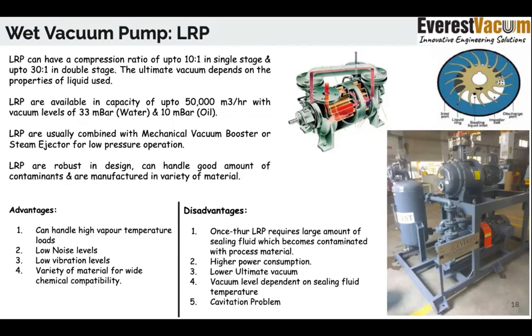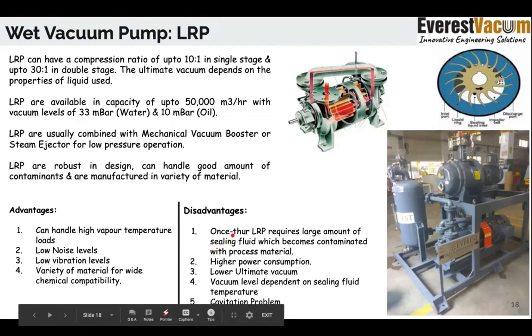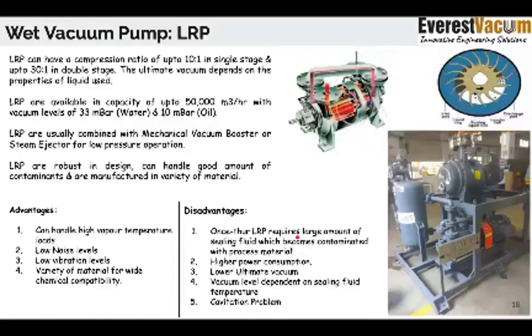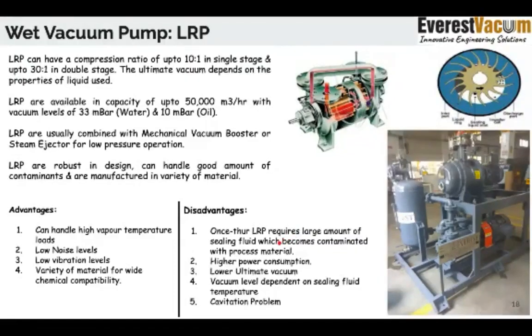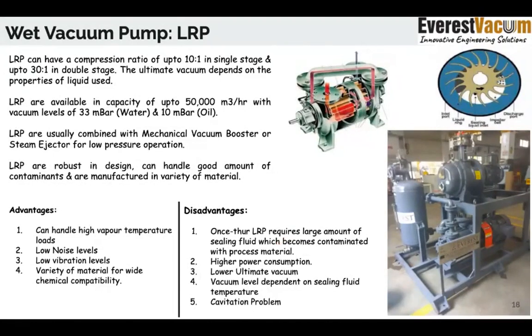The disadvantages of these pumps are that most customers use them on the concept of once-through liquid ring pump, wherein the sealing fluid passes through the pump only once and is discharged out. Either it goes into the drain or into an ETP or STP plant.